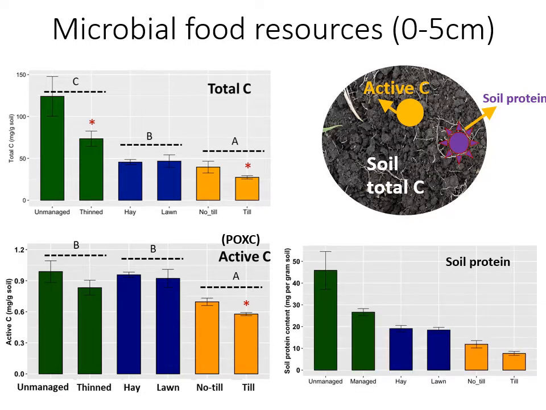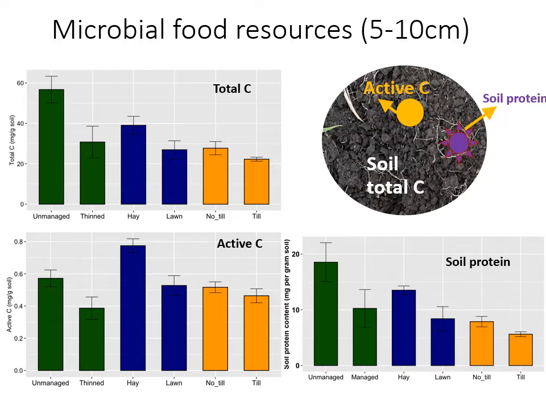We also quantify soil protein content using the citric acid extraction method. Then you can see soil protein content follows a very similar trend as the total carbon, that has a very steep decline as management intensity increases.